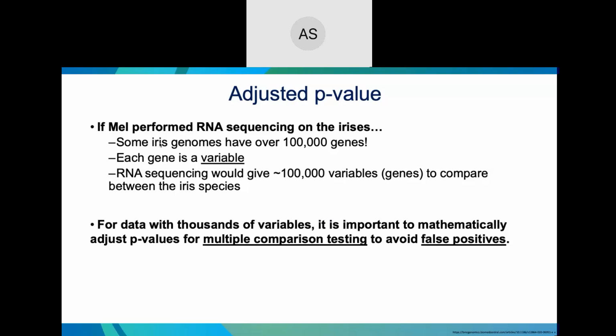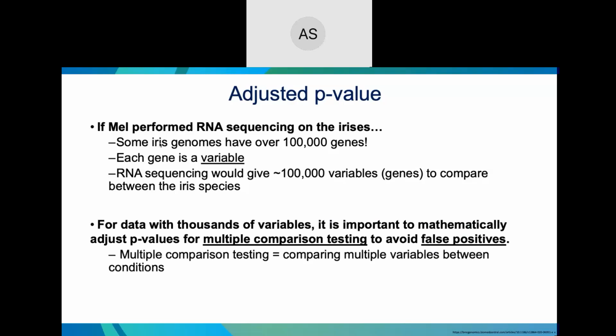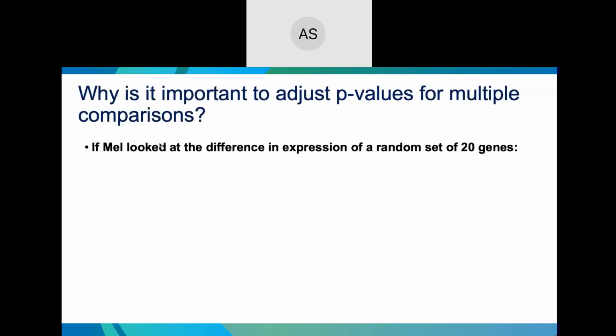This introduces the problem of false positives. And we call this type of experiment multiple comparison testing. We're not just testing a hypothesis once, we're testing it thousands of times. So multiple comparison testing introduces false positives.